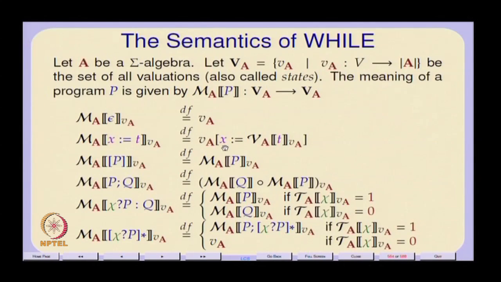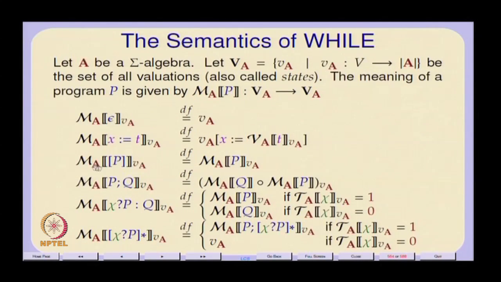And the value that is being given to x is that you evaluate the term t under the old valuation V A, and whatever value you get from that, you give that to x. Remember that this V A and all these other terms which I am not explaining are exactly as we have done before in the semantics of first order logic. This V A comes from the time when we defined the semantics of terms. In the case of a bracketed program, if you add an extra pair of brackets, you are not doing anything. The meaning of this program is exactly the meaning of the program without brackets.